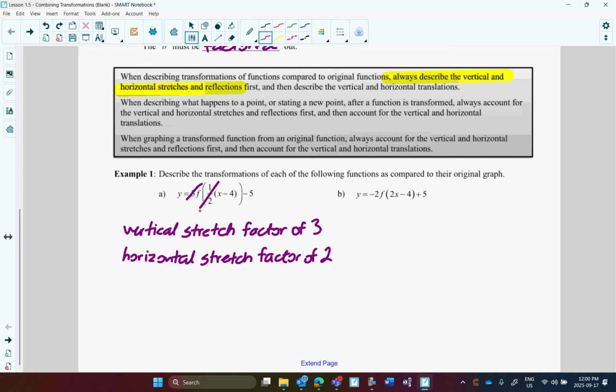So pretty straightforward. What's left? Yeah. Shift 5 down, or vertical shift 5 down. And horizontal shift 4 to the right. Yeah.